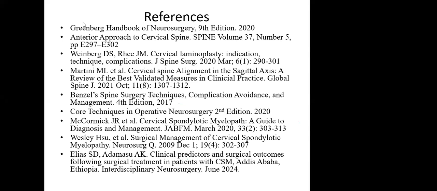The next question is, how do you differentiate CSM from multiple sclerosis? Okay, I think my colleague said that earlier. Multiple sclerosis can be seen in the younger age group, and it has remitting and relapsing episodes, unlike cervical spondylotic myelopathy that is commoner in the older age groups and has a progressive course.